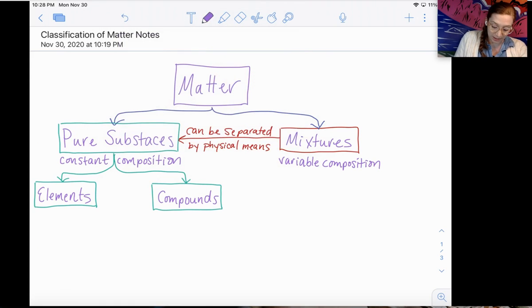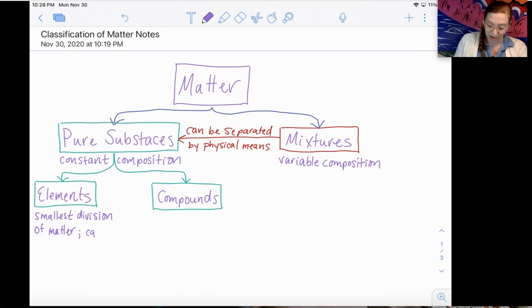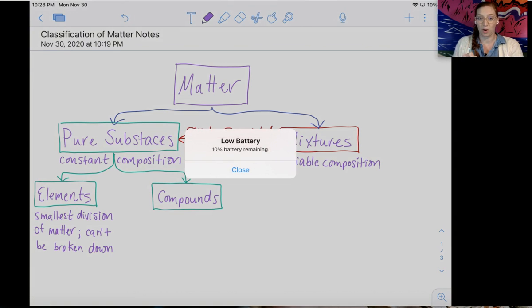So elements, we're going to say, are the smallest division of matter, and these cannot be broken down. Okay, you can't get any smaller than that type of particle.